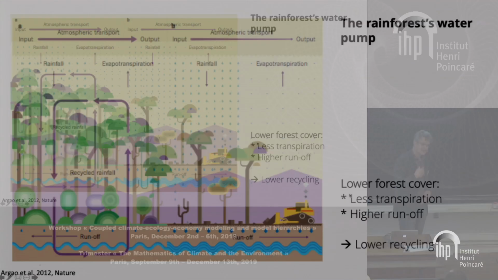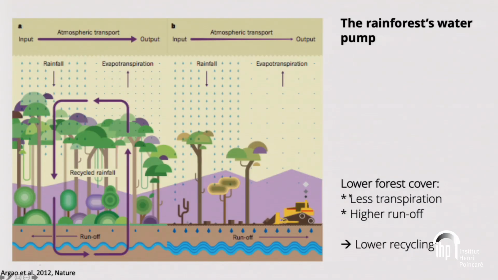So in a way what you can see on the left-hand side is more or less an undisturbed forest, and there you have this cycling of water, so the water evapotranspires to the atmosphere and then rain is coming back, etc. And what you can see here is that the runoff is quite low. So most of the water is really recycled locally.